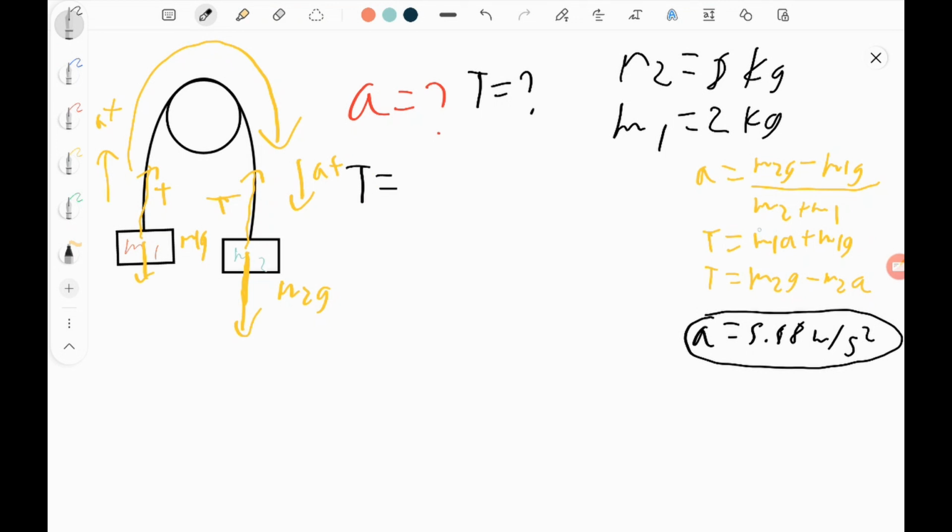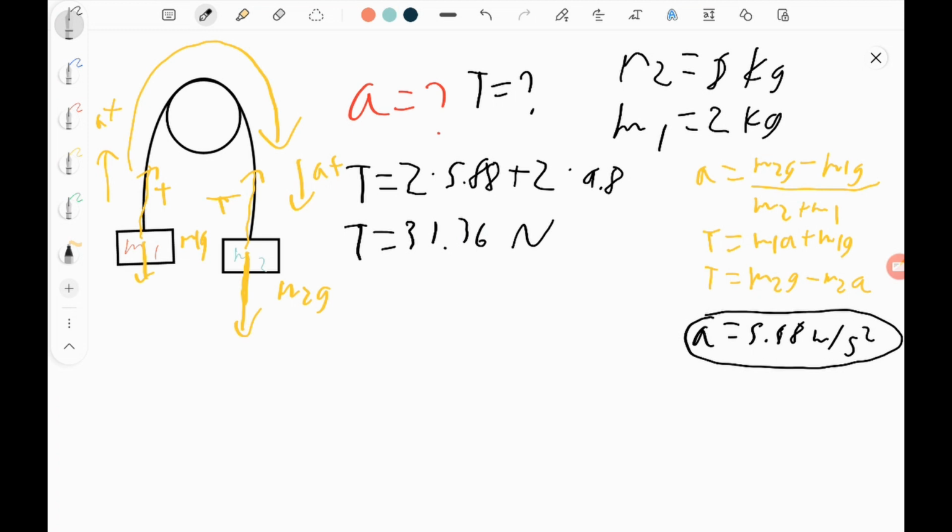So our M1 is equal to 2 kilograms. I'm not going to write units here for space. And the acceleration is 5.88 plus, and then M1 is 2 times, and then G is 9.8 meters per second squared. And that will give us an answer of T in our calculator, about 31.36 newtons for either block.